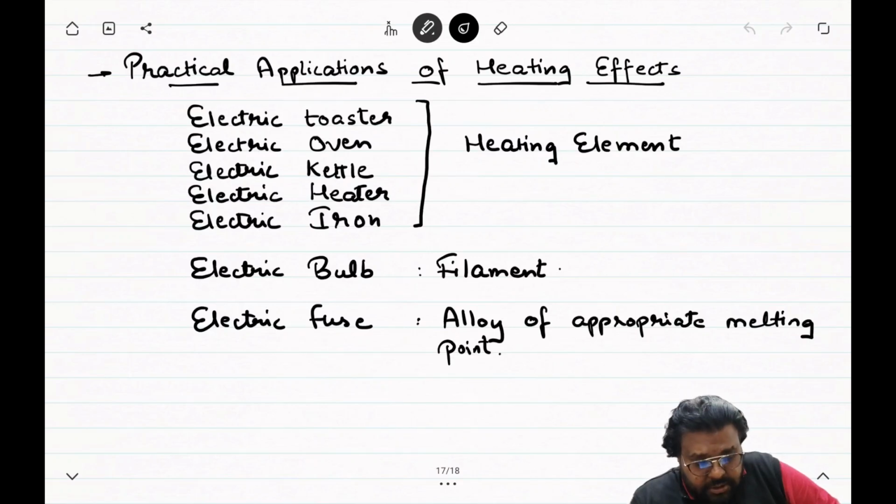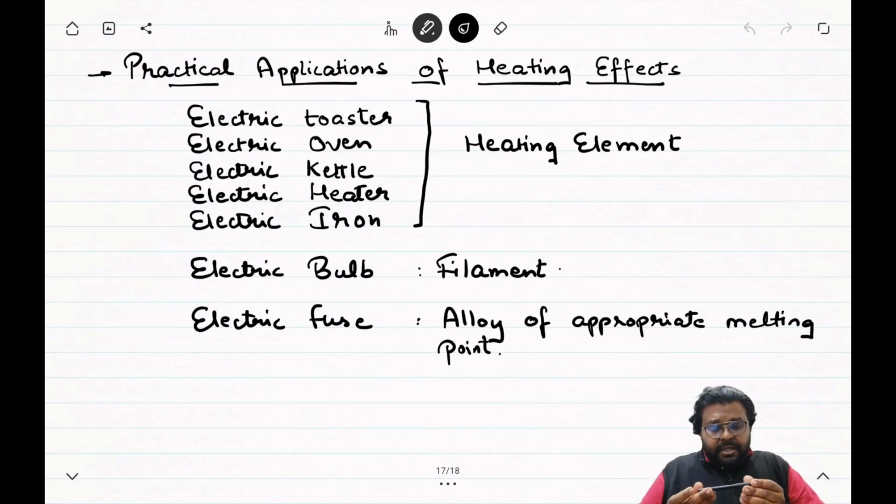The electric fuse is made up of an alloy of appropriate melting point. It is basically a switch type structure. When the amount of current exceeds a particular limit, it melts. As a result, the circuit breaks, hence it prevents the burning of our domestic circuits.